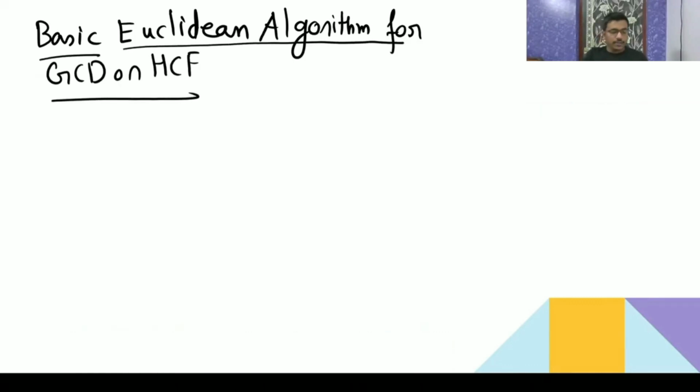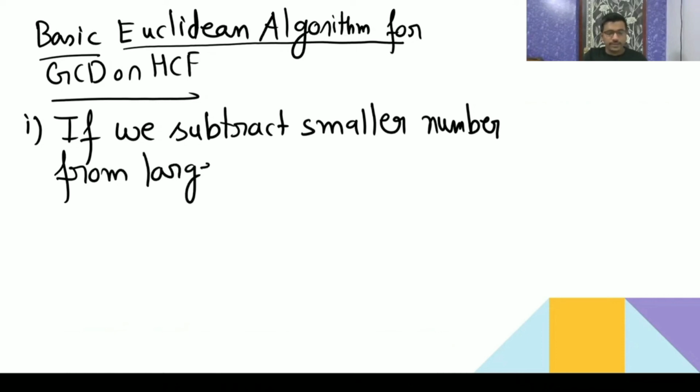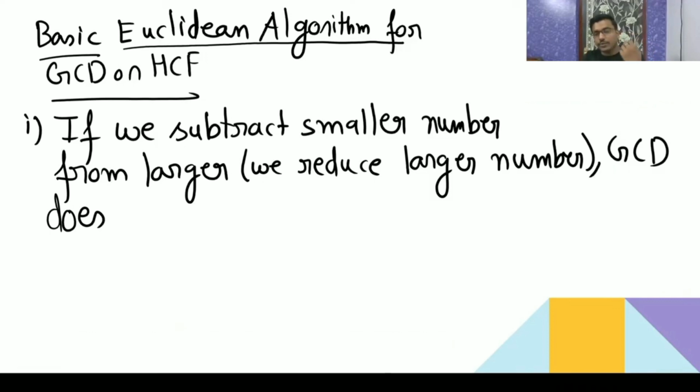What it is saying is that if you subtract the smaller number from the larger number, we reduce the larger number, and the GCD does not change.